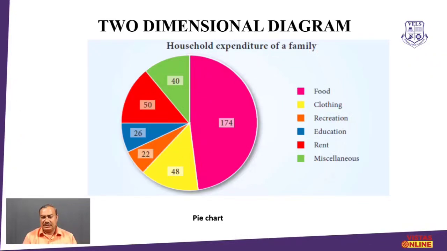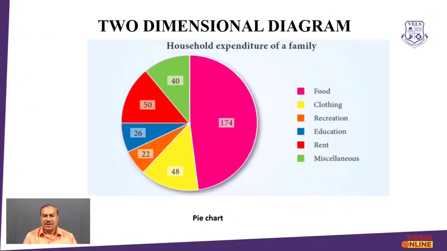What are the different things we are going to list in the expenditure menu? Food, clothing, recreation, education, rent, miscellaneous. For each item, how much we spent for our family. For food, 174. For clothing.